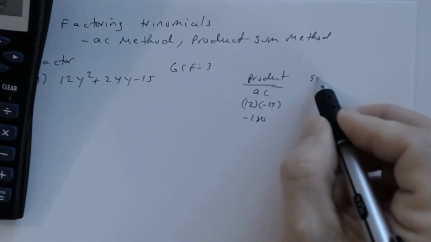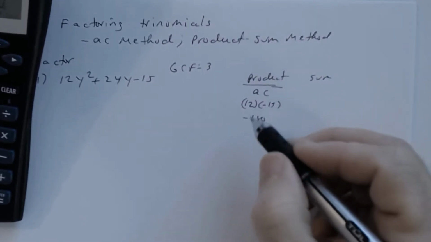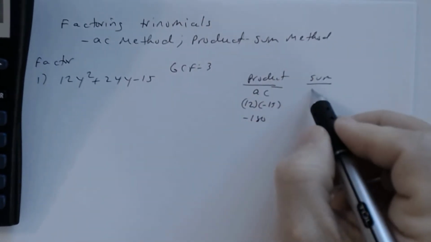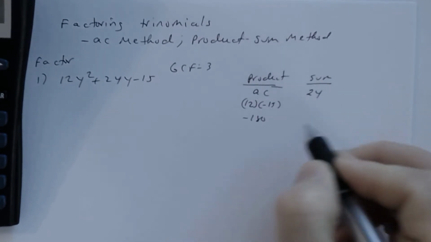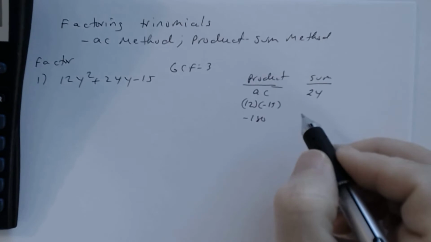And I want the sum. So basically you have to figure out what two numbers multiplied together give negative 180 and whose sum, remember the sum is B, is 24. Well, that's a task that may not be easy to deal with.